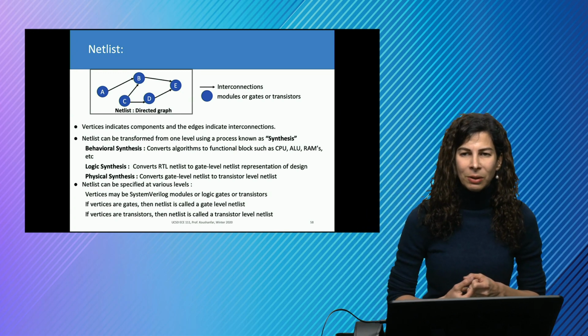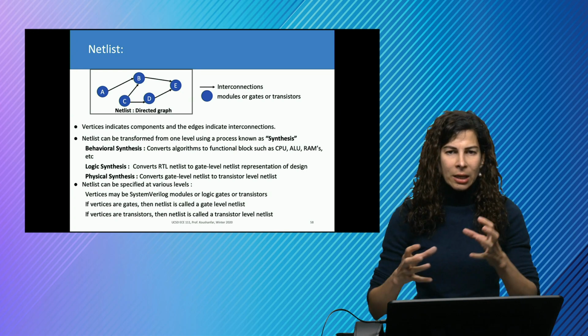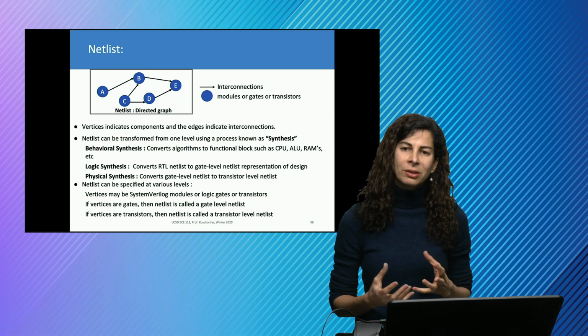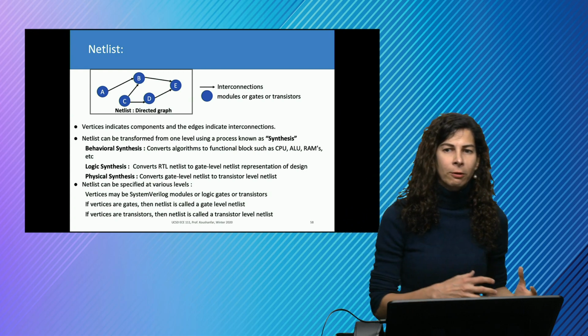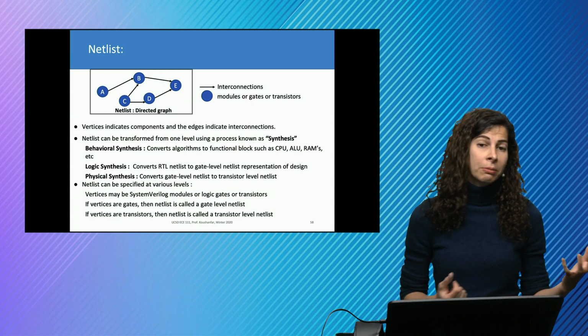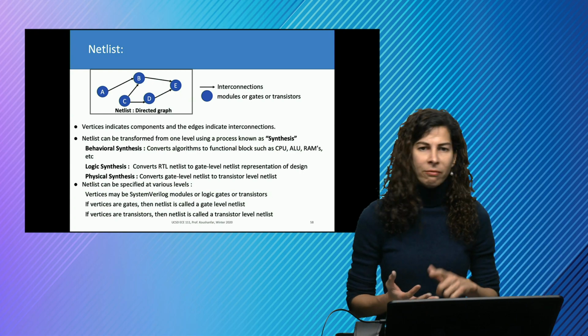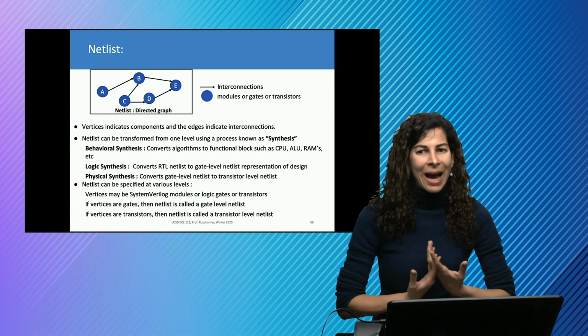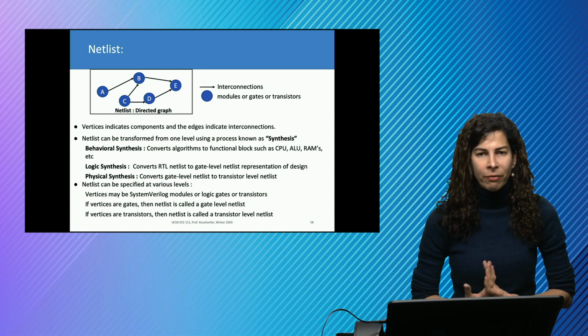In logic synthesis, we translate this into a gate-level netlist representation of the design. And then physical design goes one level further, because the logic synthesis can give us logic that you could implement with any fabric, with PLA, with FPGA, with ASIC. The physical design is the actual physical implementation of this.